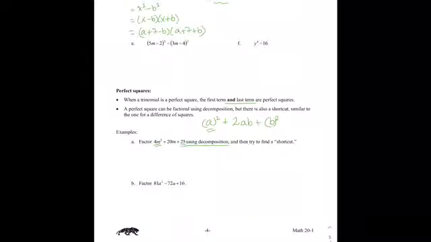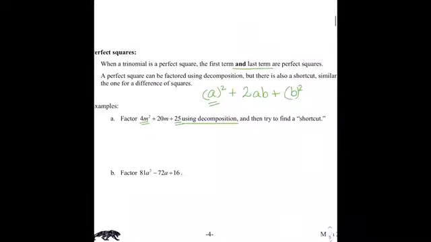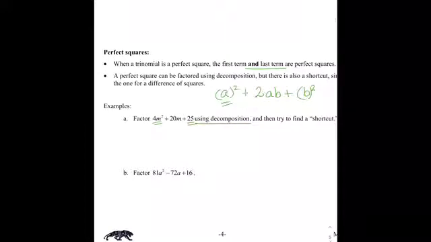So for example, if we look at this first question here, if I factor this using decomp, I need a product of 100, right? 4 times 25 is 100.